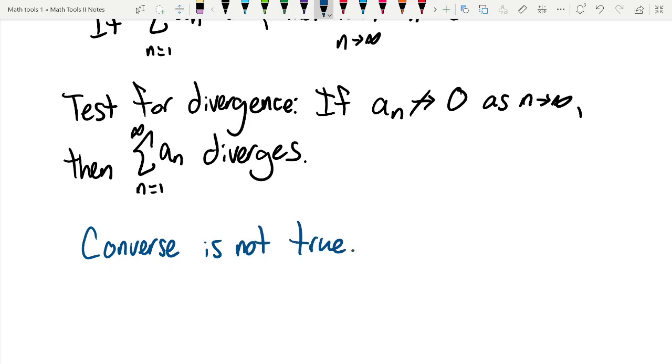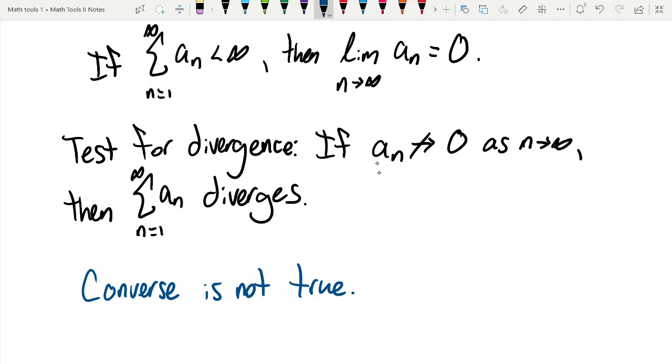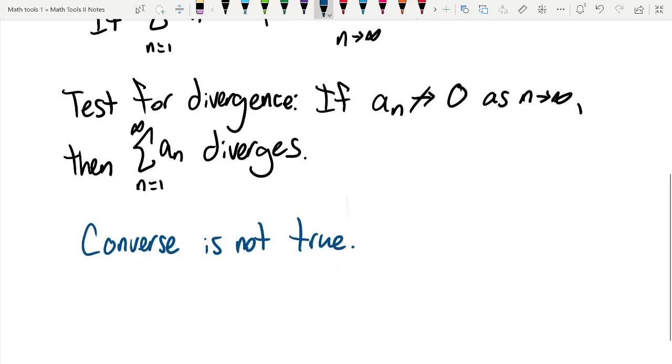The converse here would be when you flip the statement around, meaning that if the limit is 0, then this converges, and that's not necessarily true.